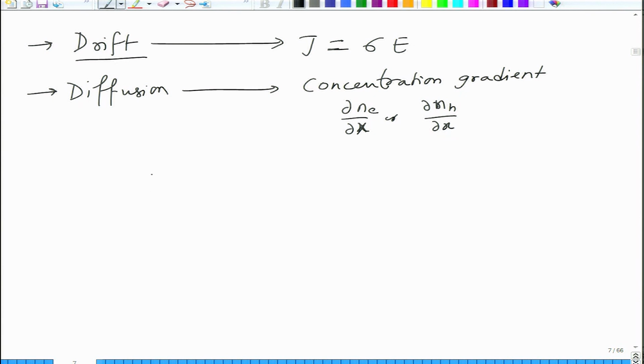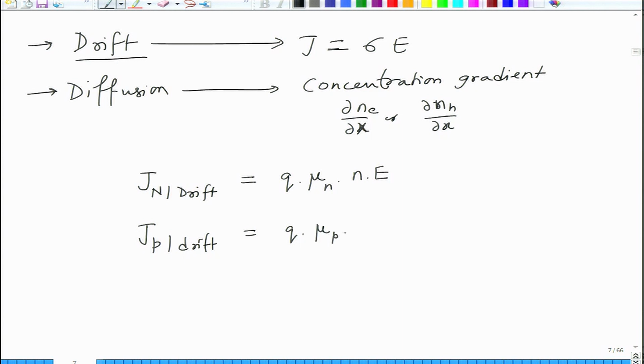In the case of drift, we will not be able to get into details of it. In the case of electrons, Jn drift is basically q mu n Ne E, whereas Jp drift is q mu p Nh E. It comes from the derivation of Ohm's law, and you can find that in any textbook.